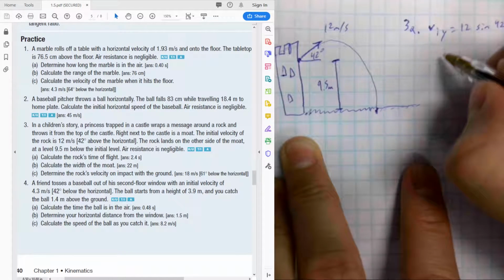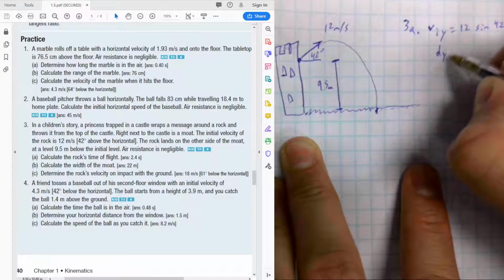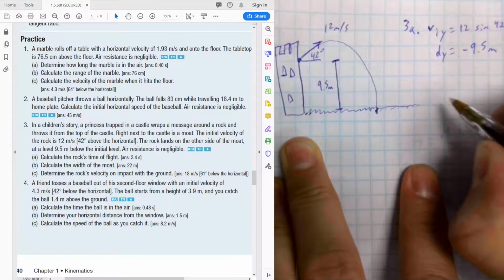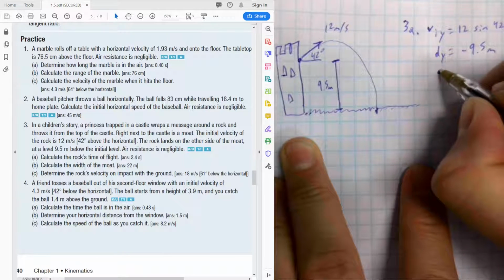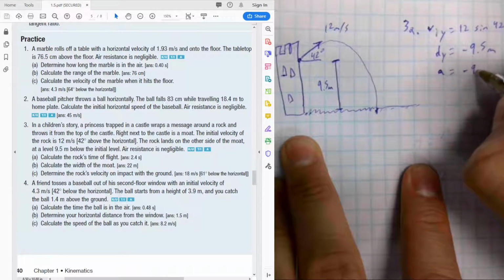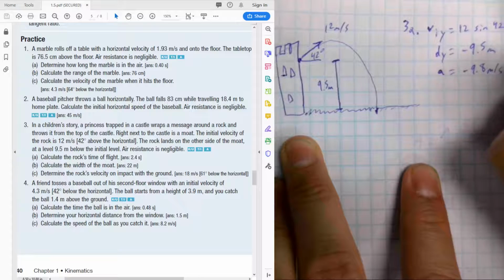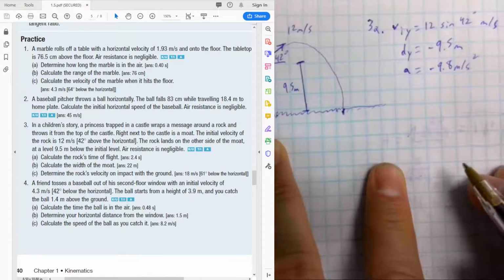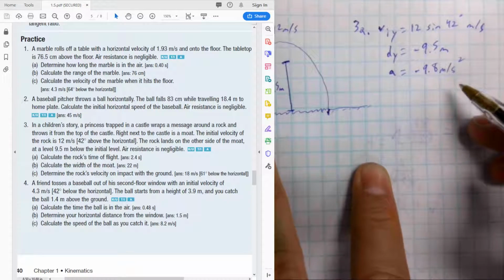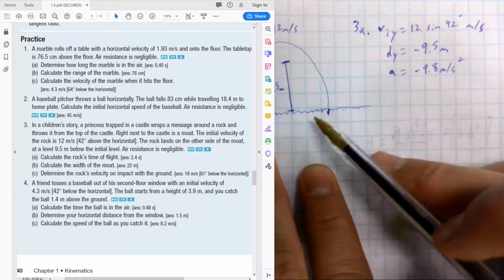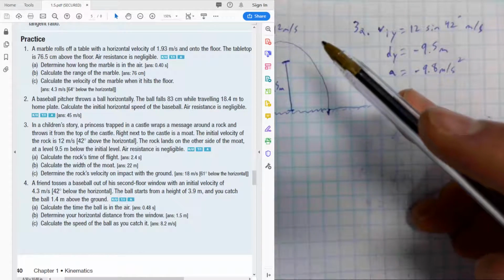We also know that our d_y, our final displacement, is negative 9.5 meters. And our a, this is the important part, our a is negative 9.8 meters per second squared. So why did I write this as a negative? I wrote this as a negative because we're going to take our down direction as a negative and our up direction as positive.